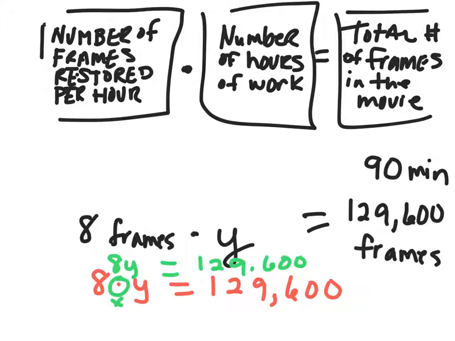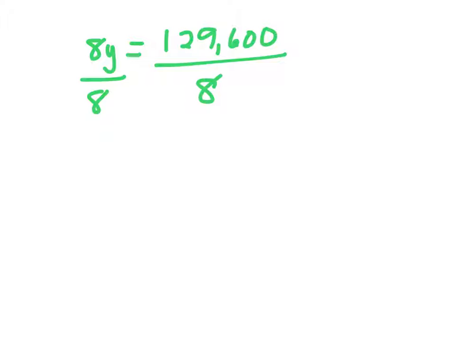So let me go to the next screen. So let me rewrite it. We have 8y equals 129,600. We're going to divide both sides by 8. And y then, when you work it all the way out, is going to be 16,200 hours.